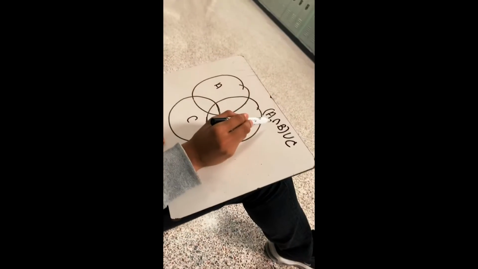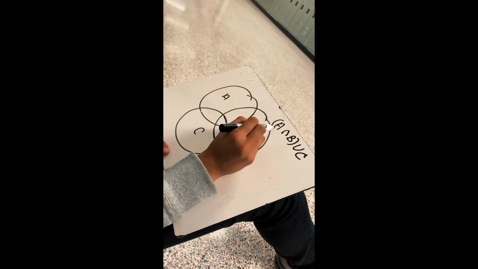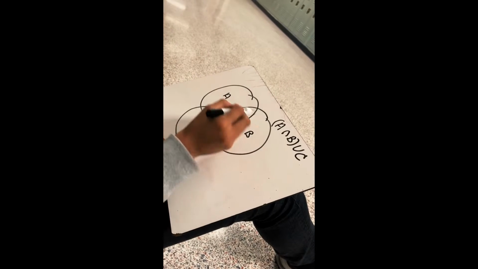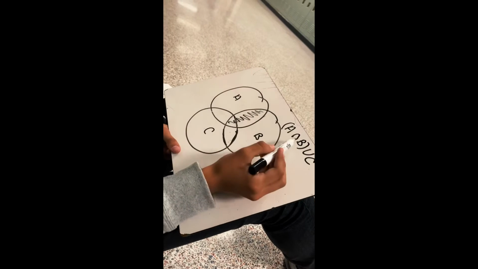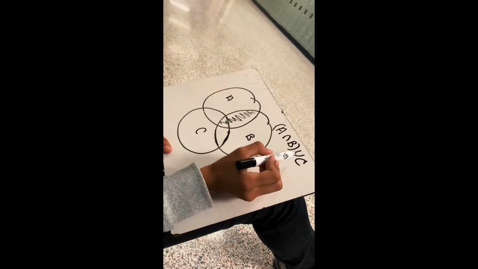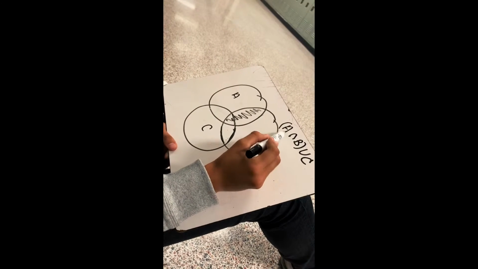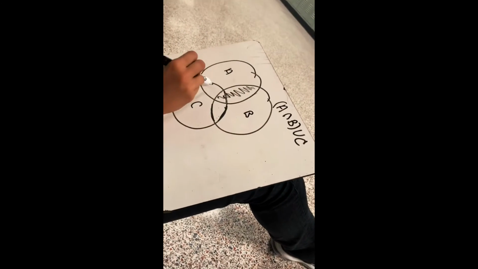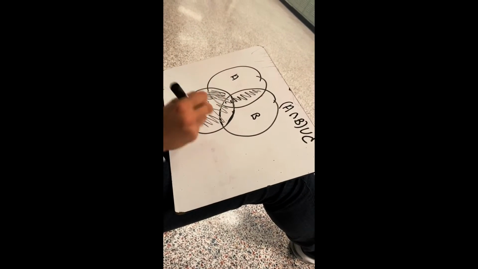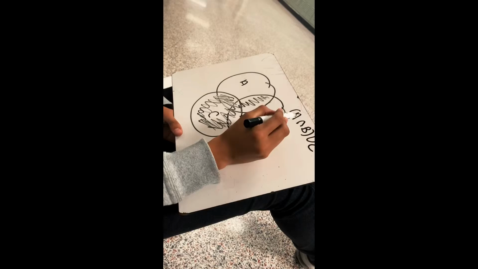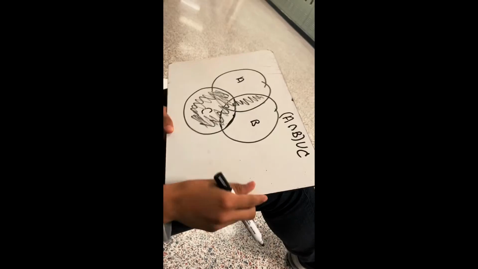Here we have A intersect B, union C, and here we can see A and the intersect of B. So it'd be this shaded region that intersects A and B. But we also have union C, meaning or C. So it'd be the intersect of A and B, or C. And we shade in all of C. So it'd be the intersect of A and B, or circle C.